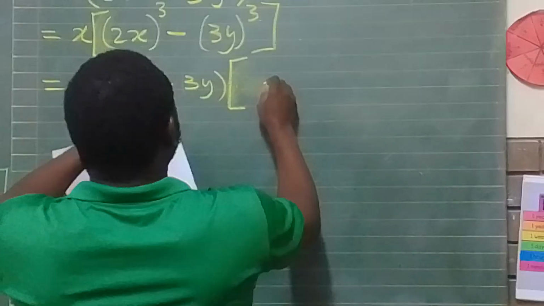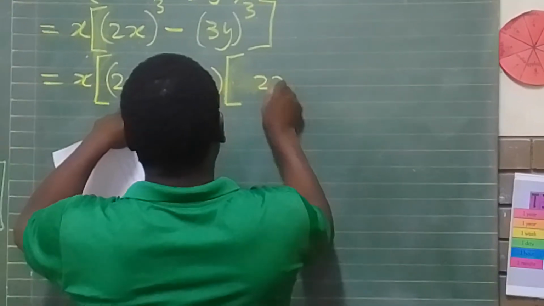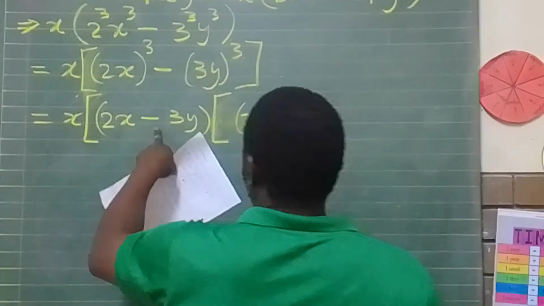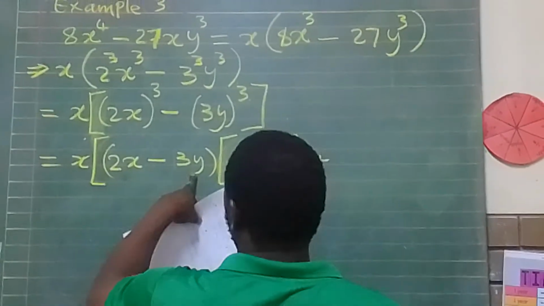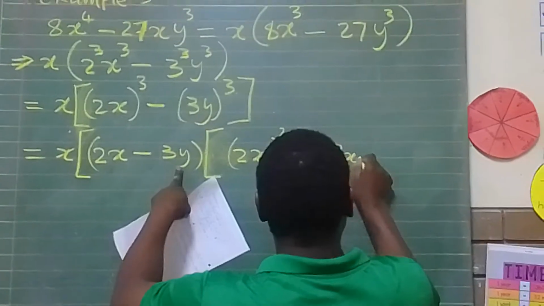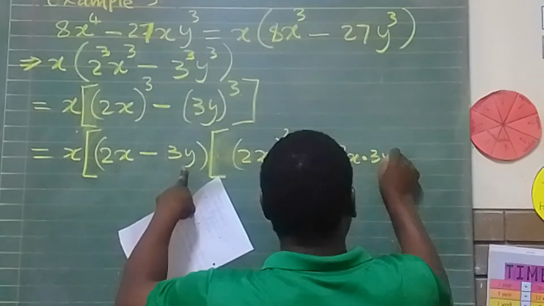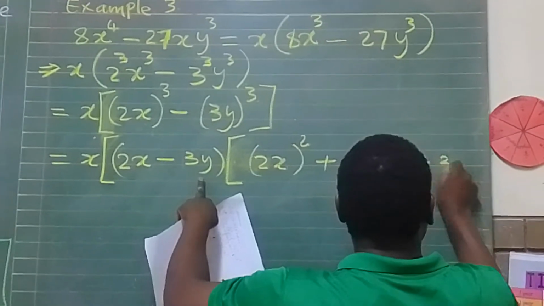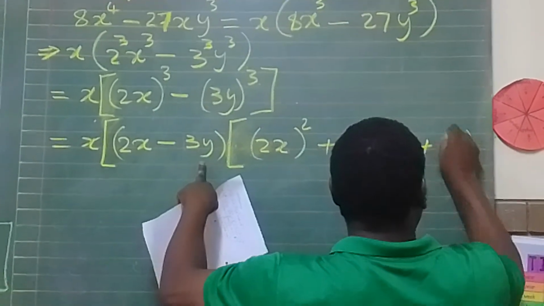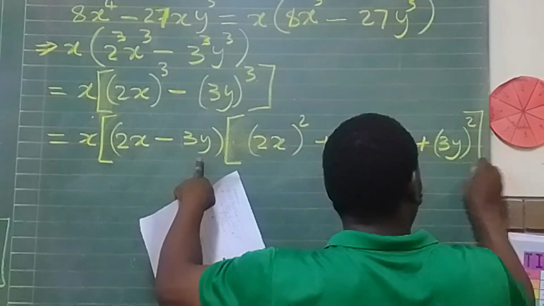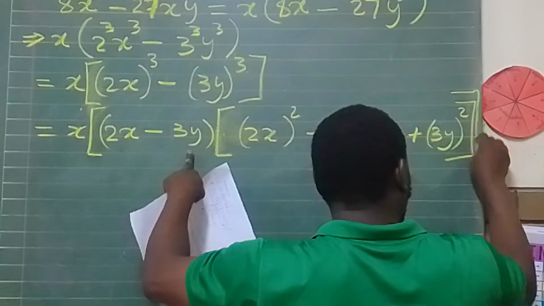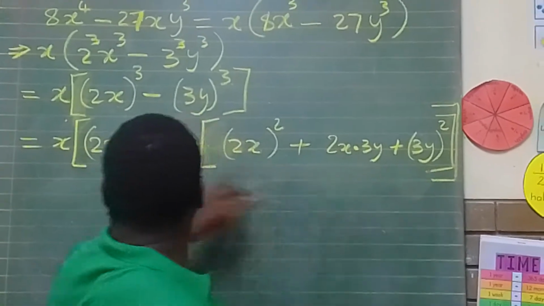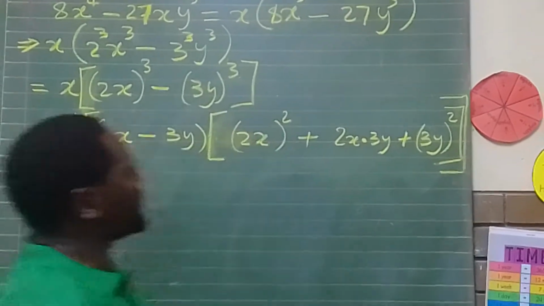I square my A. My A is 2x squared, plus I multiply A and B, 2x times 3y, then I square my B. This square bracket closes this one, this one closes that.